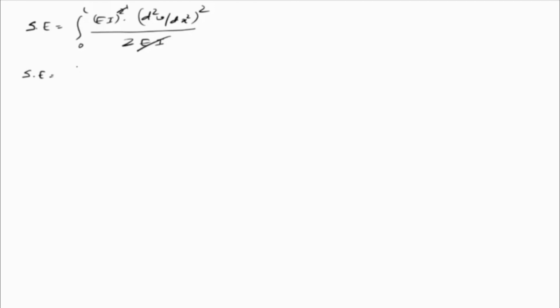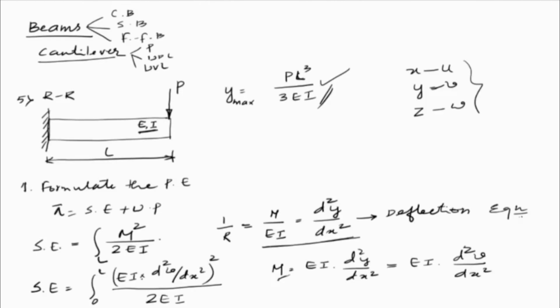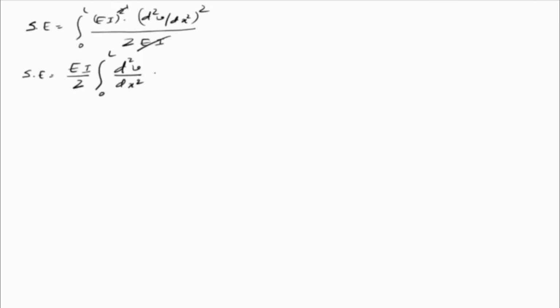So my strain energy will be equal to EI divided by 2, integration 0 to L, d square v divided by dx square, whole square. Of course, integration is with respect to dx, so that dx will be as it is, into dx. So this is my strain energy equation.